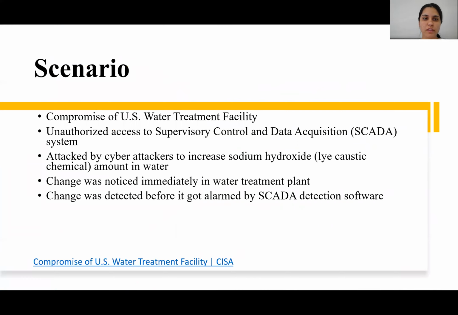The scenario I have used for this presentation is a US water treatment facility. That organization's data was targeted by cyber attackers, who gained unauthorized access to SCADA, which is the supervisory control and data acquisition system of that organization. The cyber attackers attacked that system to increase the sodium hydroxide, which is a lead caustic chemical. It is a very fatal chemical.